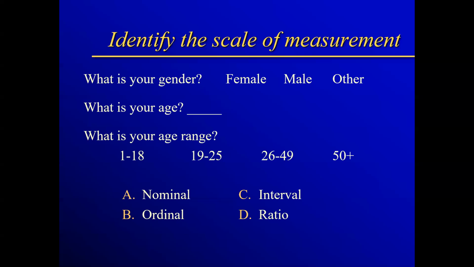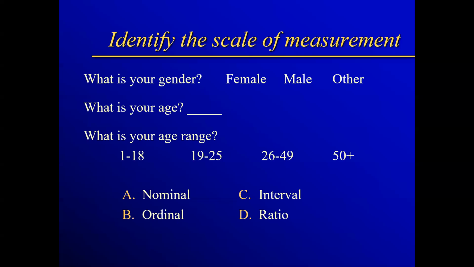Wow, okay, so I'm seeing a wide range. So the true answer is it's D. It's a ratio, because you can have a zero, right? You can be zero. You cannot be born yet. You can be 0 years old, and the difference between 0 and 1 is the same as between 99 and 98, right? It's 1 year.